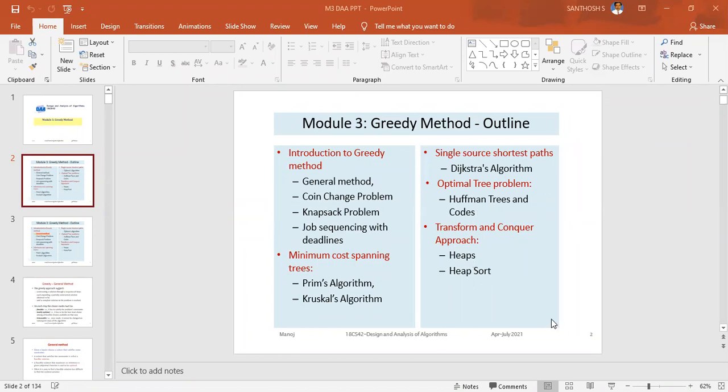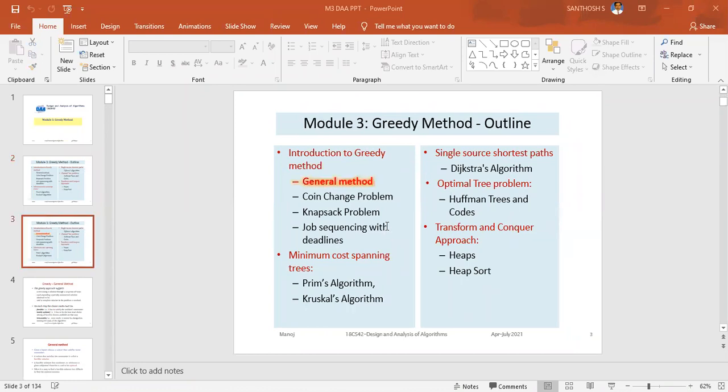All the concepts are lab set programs. Then you will get Huffman tree and code. Finally, you will get the transform and conquer approach. In that you will get heap and heap sort. So this is the brief outline of module 3, and you will have all these concepts.